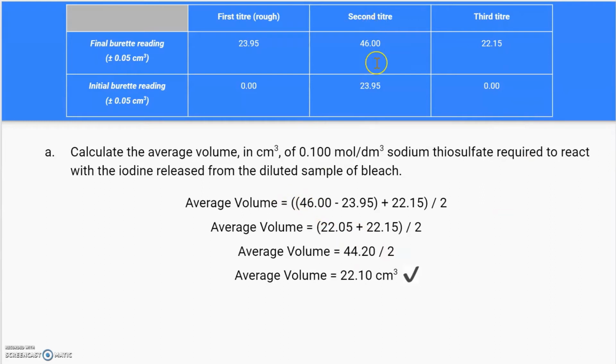So that would be, for this second titer, 46 minus its initial reading, which is 23.95, and then plus 22.15, because 22.15 minus 0 is 22.15. We add those two and we divide it by 2, and we get that the average volume of sodium thiosulfate required to react with the iodine is 22.1 centimeters cubed.